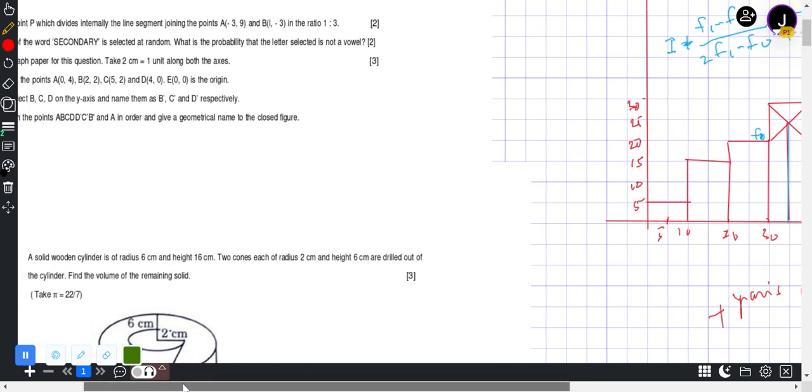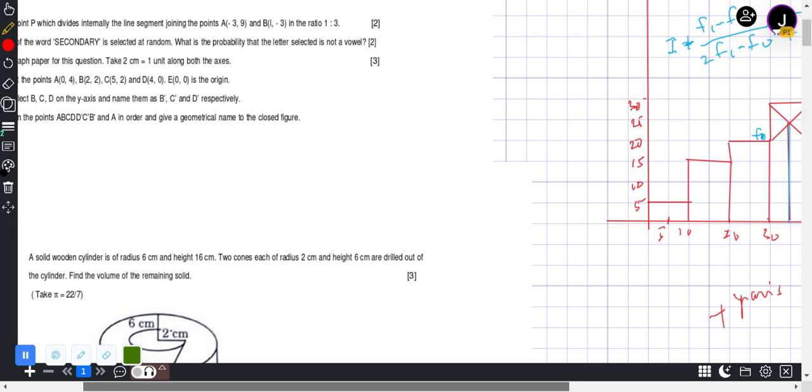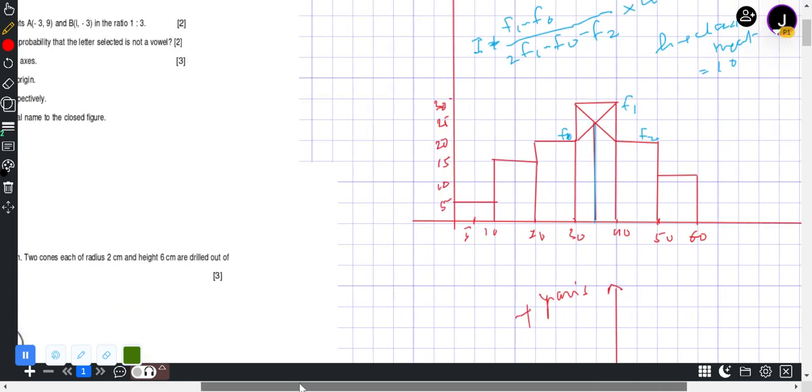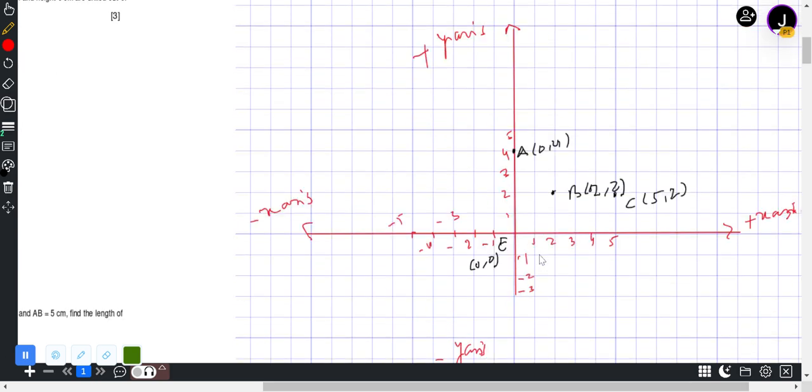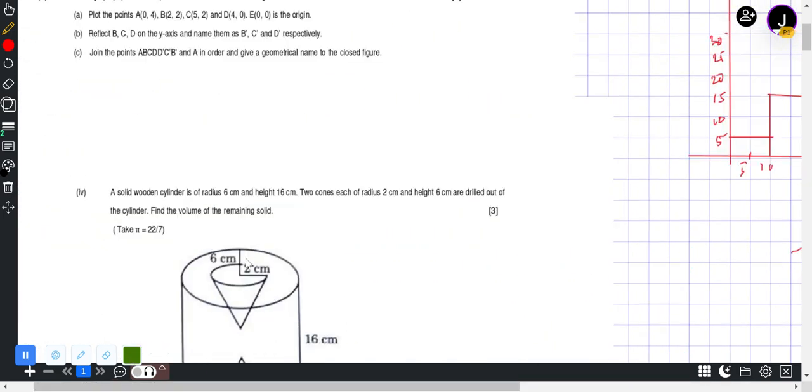A, B, C, D. D is 4, 0, so you have D here. This is your D. A, B, C, D, and you have E. Okay. Now the question begins.